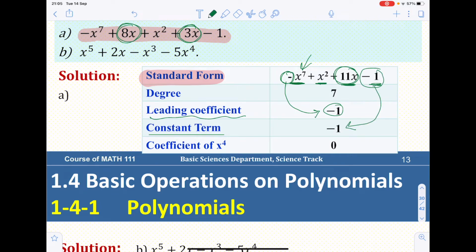The coefficient of x to the power 4 is 0, since we don't have x to the power 4 here. Actually, we don't have x to the power 6 also, or x to the power 5, and x to the power 4, x to the power 3. So all those x's are not in the polynomial, since the coefficient of them are 0.